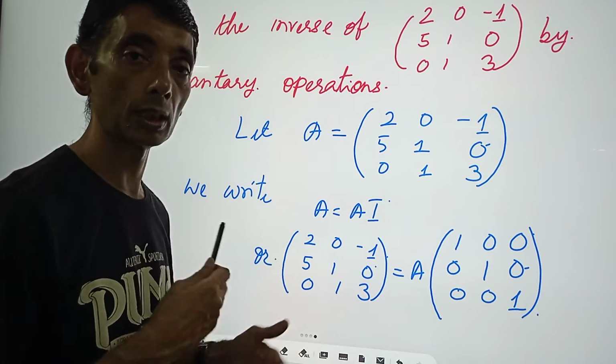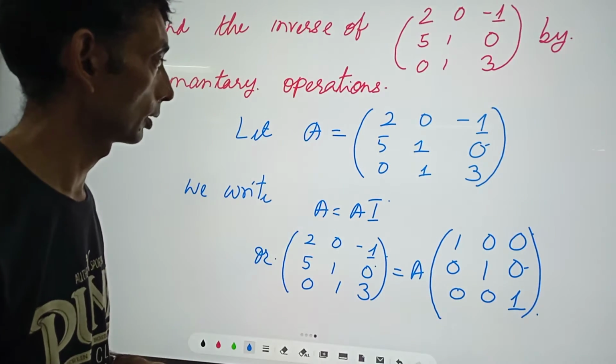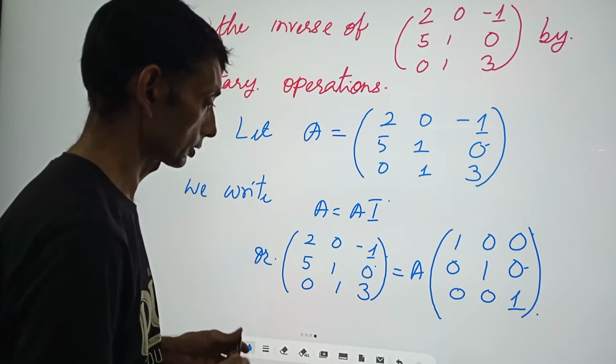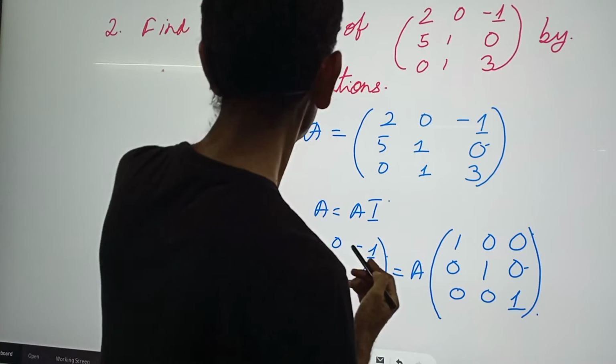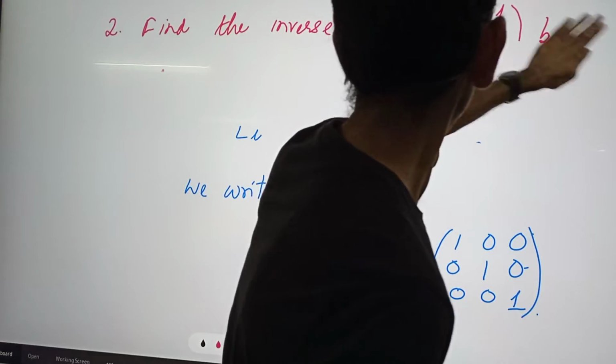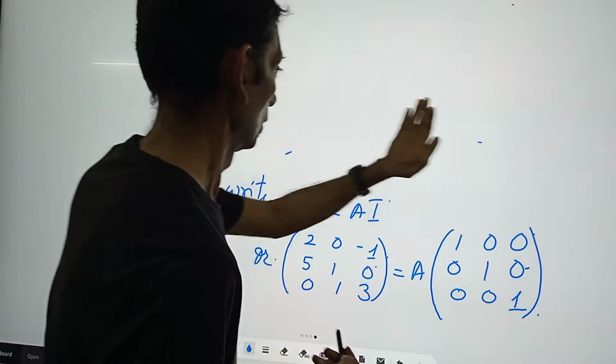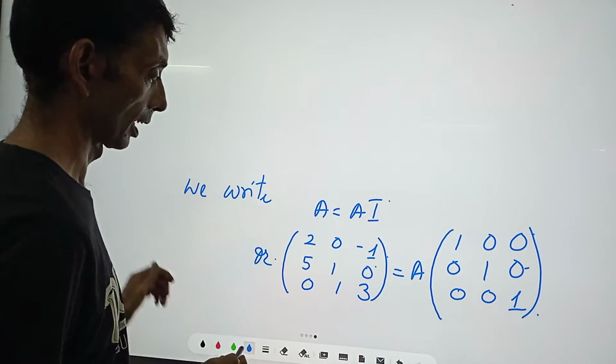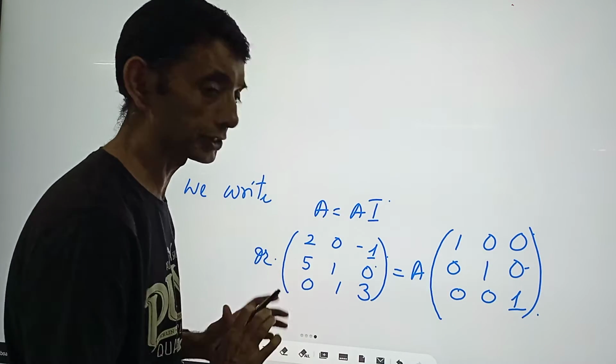Now we will start the column operations. What actually needs to be done?